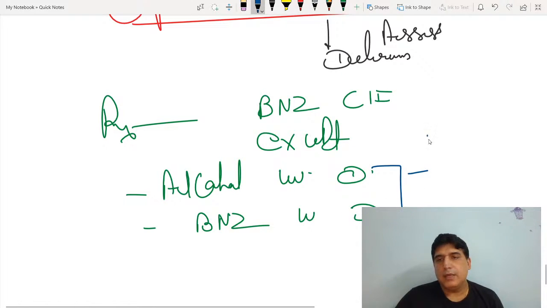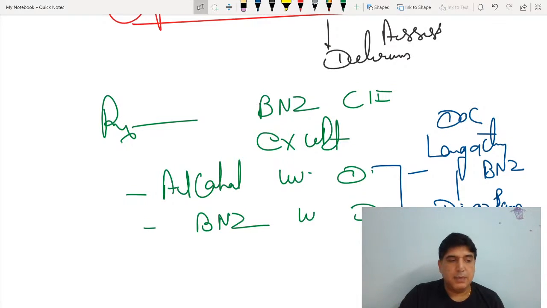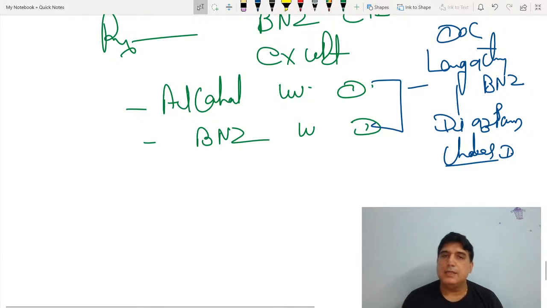In both we give long acting benzodiazepines. The drug of choice in both is diazepam and chlordiazepoxide.